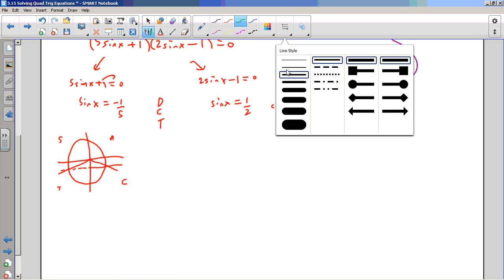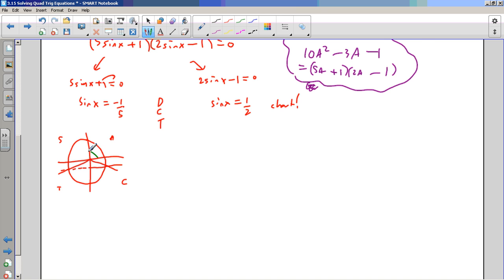Right here is x1. Right here is x2. Now that I got my diagram, I can use my calculator. It's going to give me a negative angle again here, negative 0.20. And so that tells me that the related acute angle is about 0.2, rounded.